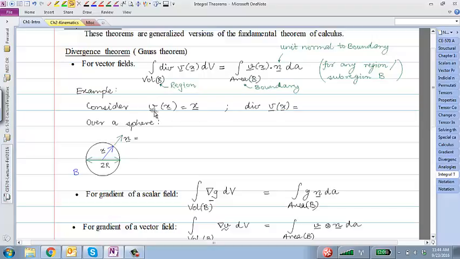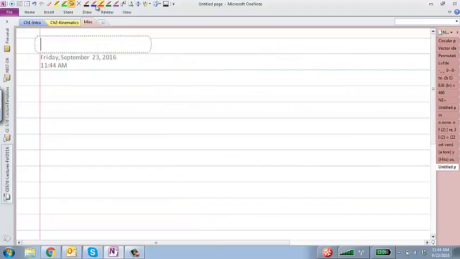So you remember what we calculated for the divergence of this vector field, V equal to x. What is the divergence of this vector field V that is equal to x? Yep, we did calculate that. So V is V_i e_i. Divergence of V is partial x_j of V_i e_i dot with e_j.